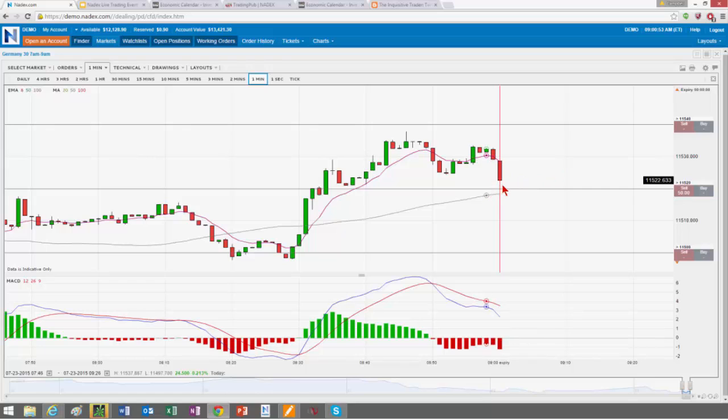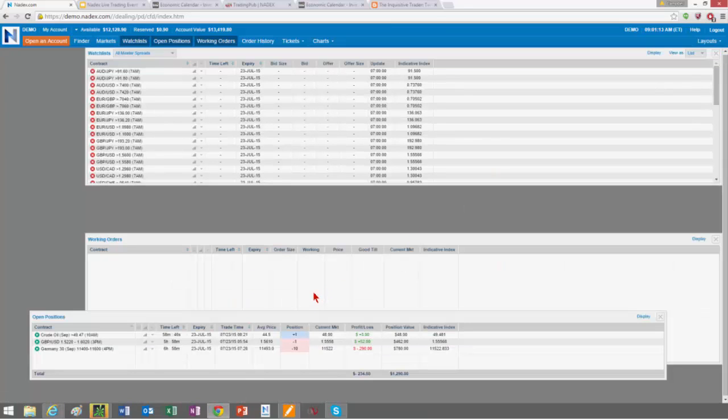Now, 90% of the time I'm in good shape. Today it didn't happen. I cut my losses. I'm going to move on to the FTSE market. Actually, I'm going to close out of this.